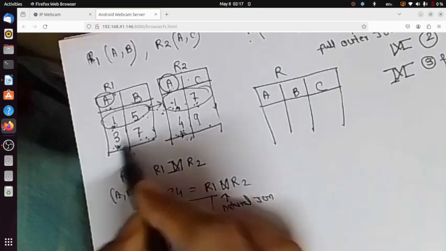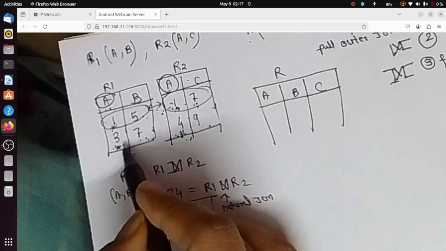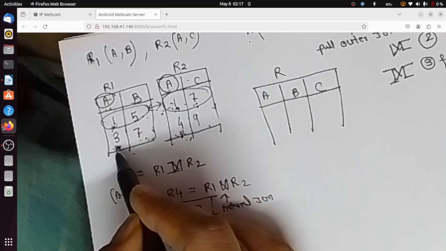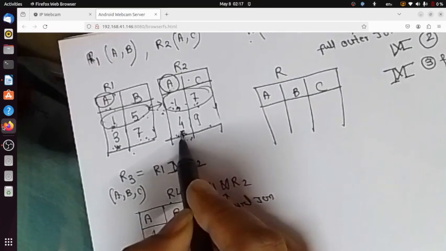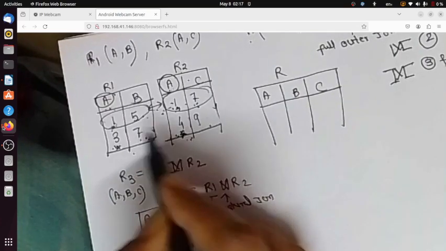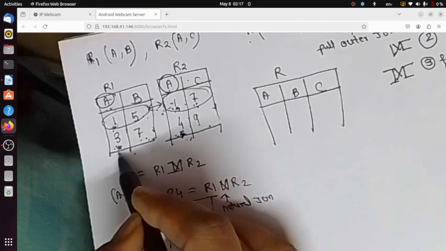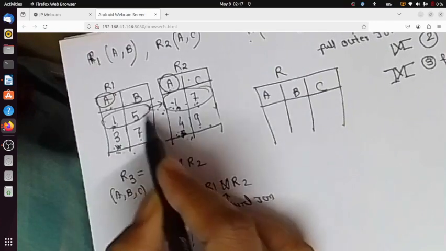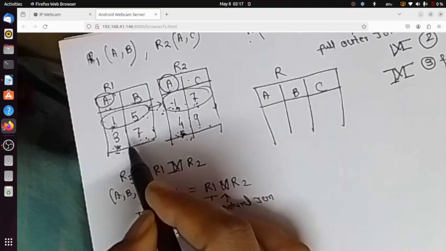In relation R1, there is no record for which the common column A has the matching value 4. So 4 9 cannot be combined with any of the rows from relation R1.